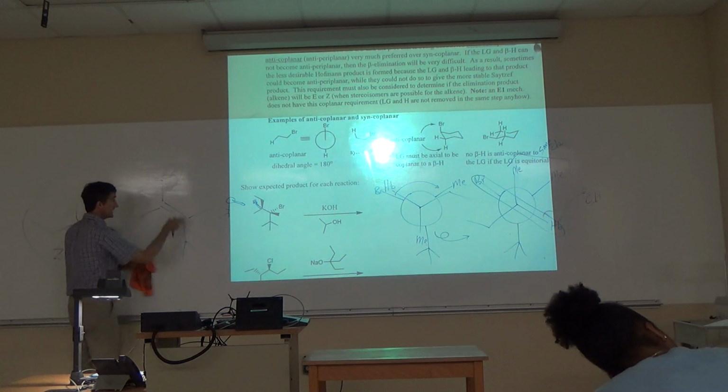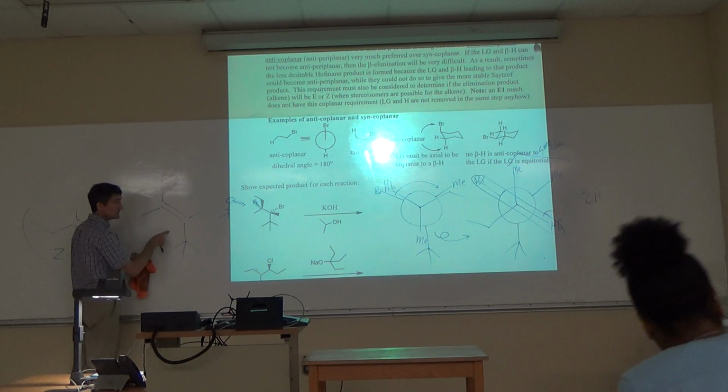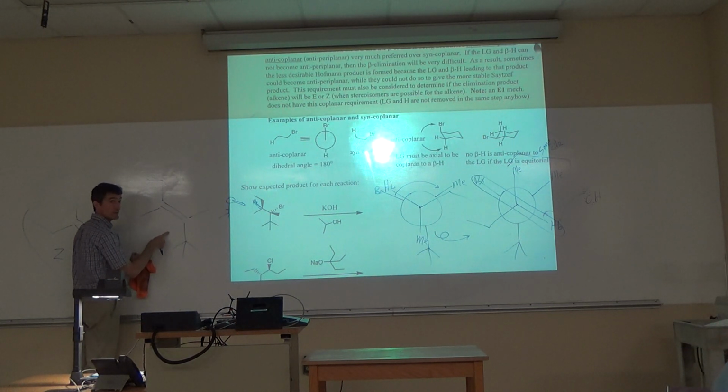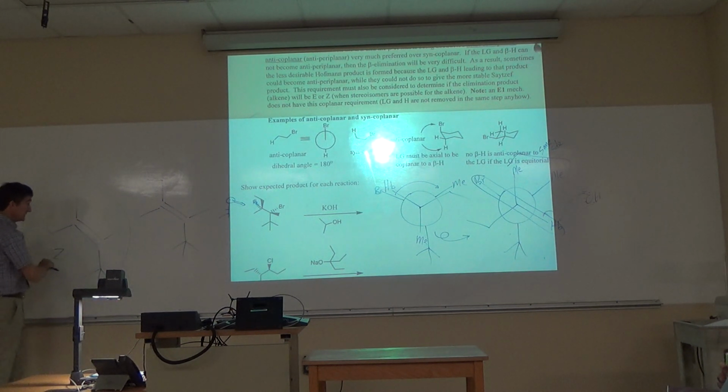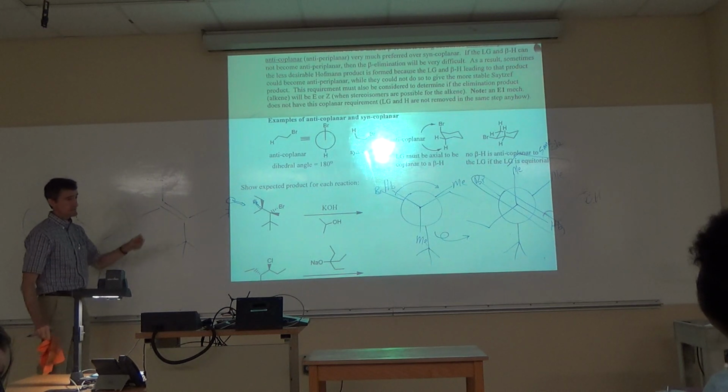No, this alkene is actually better. So this is actually officially the Zaitsev product here. But the reaction gave this product, which is not actually the best. So is it Zaitsev or not? It's sort of halfway Zaitsev. It's a regioisomer of the Zaitsev. It is the more substituted. But it's not as good as that.